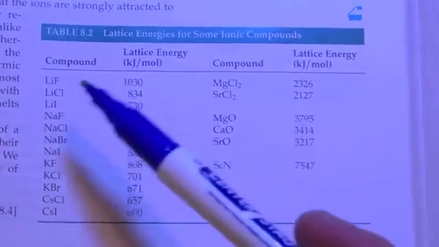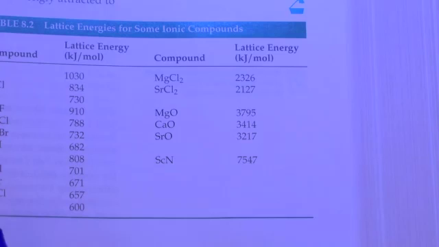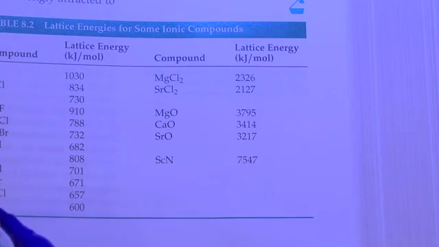And you can see some differences here too between lithium fluoride and then, for example, something like cesium iodide. Both of them have a +1 and a -1 charge, but you can also look at the distance between the two.